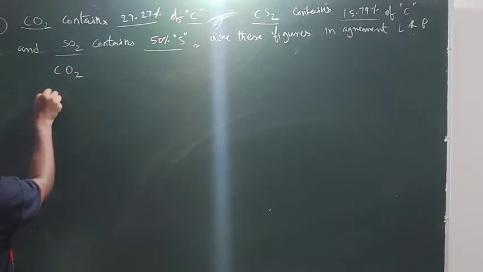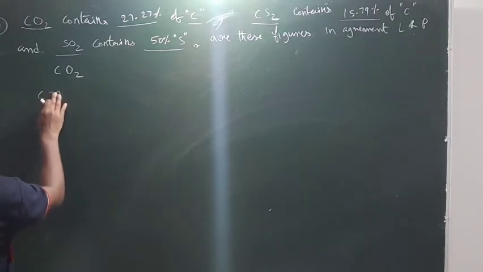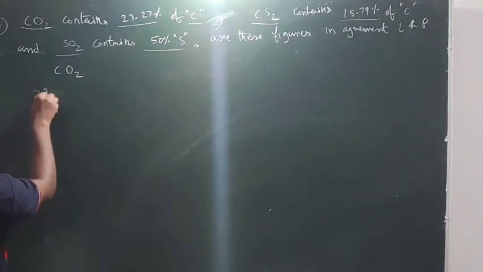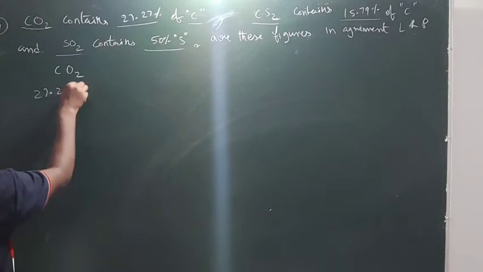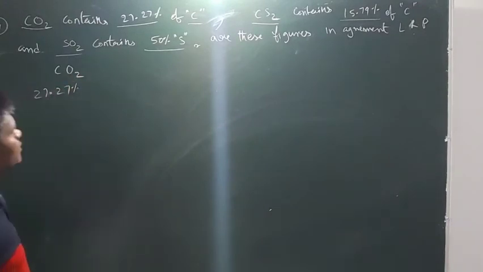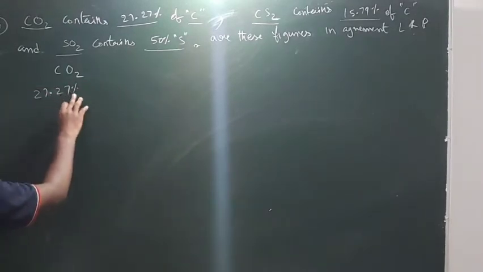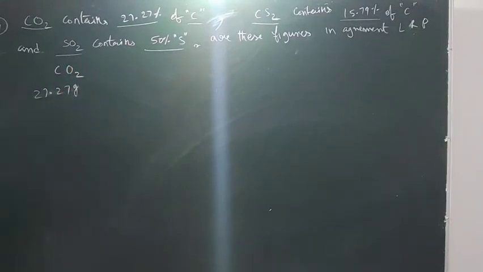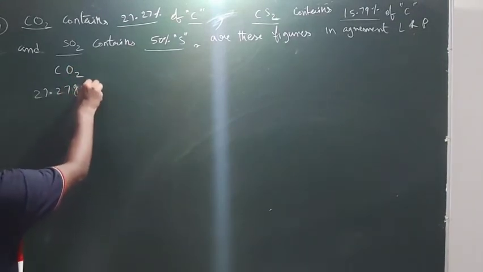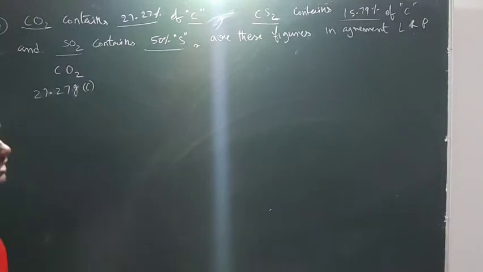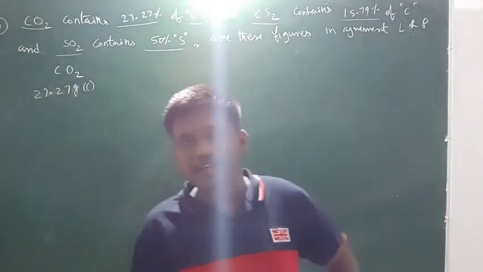Mass of the carbon is 27.27%. So it means what, guys? 100 grams of the carbon dioxide contains 27.27 grams of the carbon. Now, what about the mass of the oxygen in the carbon dioxide? How can you get that?